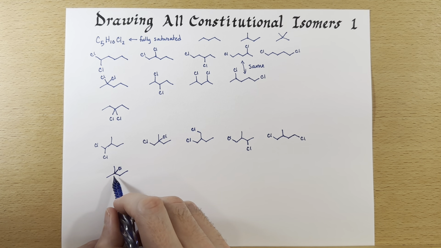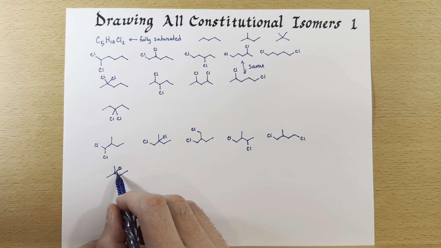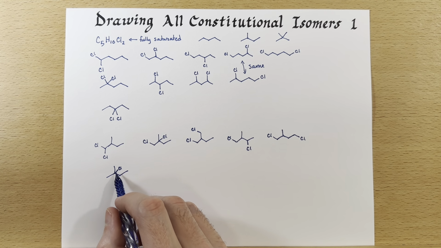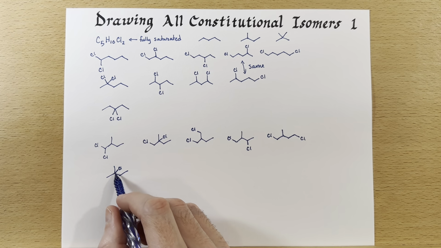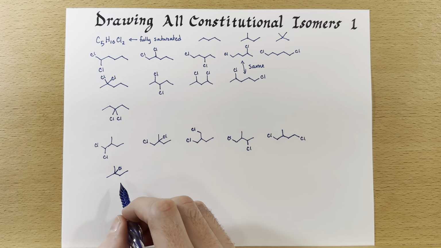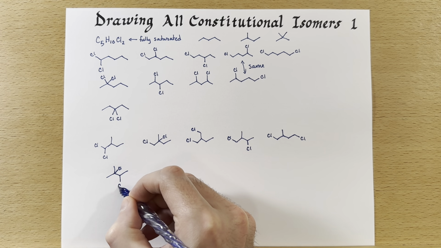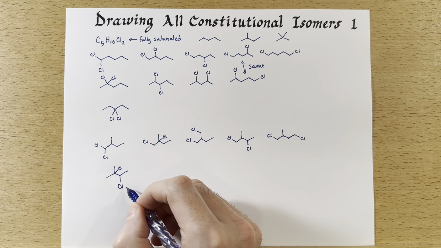Now we could have the chlorine on the second carbon. We can't put both of them on the second carbon because that would make that carbon have more than 4 bonds. It would have 5 bonds. So that's not allowed. But we can put it on the third carbon.